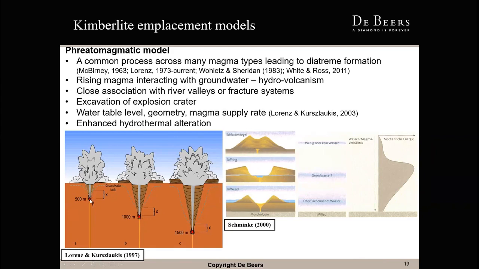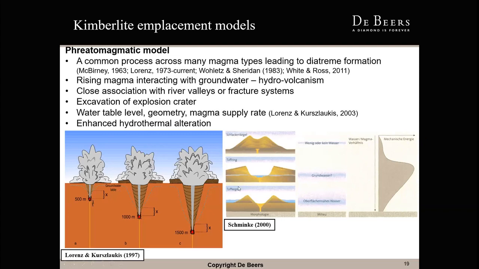I should also add that this explosivity only happens very close to surface. Anywhere below 300 meters, you usually cannot produce an explosion due to the high confining pressure. So this is very much a process happening near the Earth's surface.